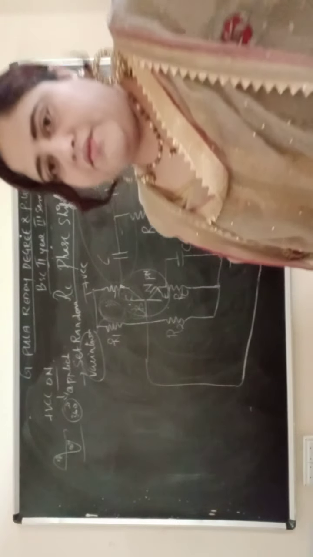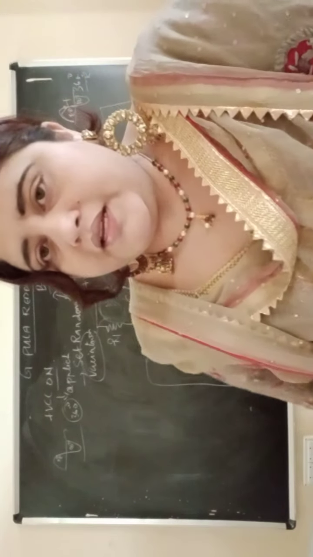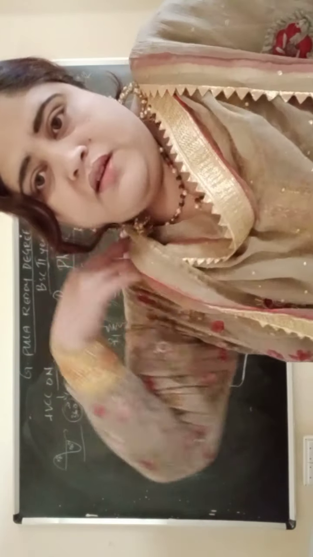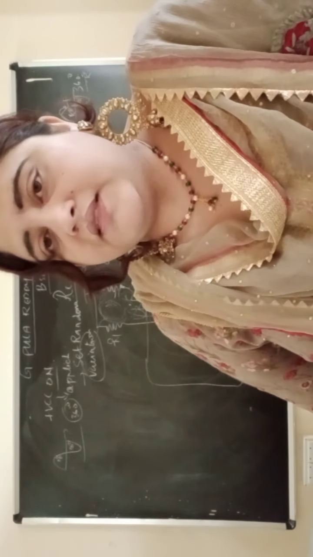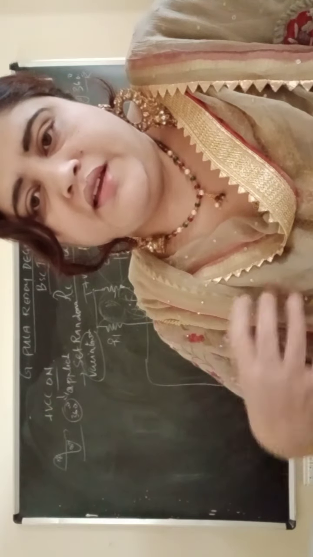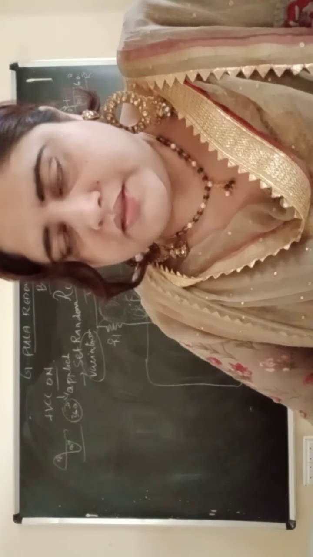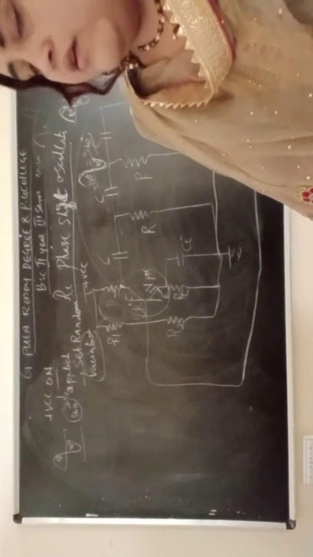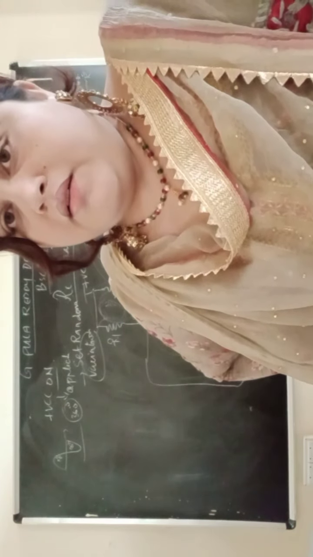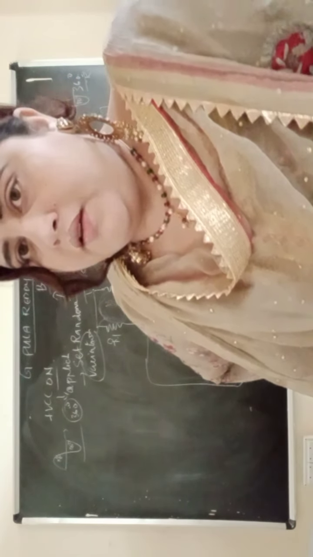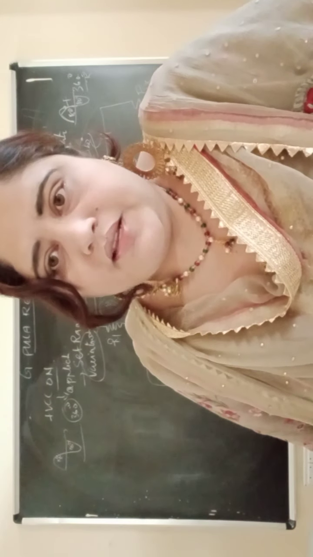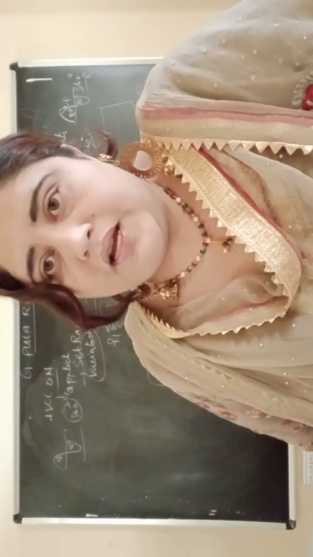The feedback network will give 180 degrees of phase shift, and again it will pass to the transistor, where the transistor will give more 180 degrees of phase shift. So totally 360 degrees. Finally the output of your phase shift oscillator is in the form of a sine wave, that is, without any AC input, your RC phase shift oscillator has generated the output in the form of a sine wave.